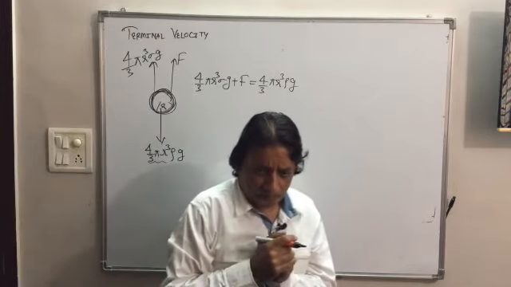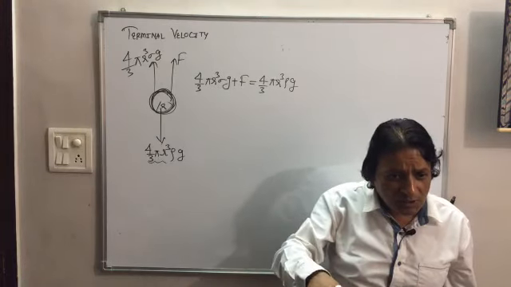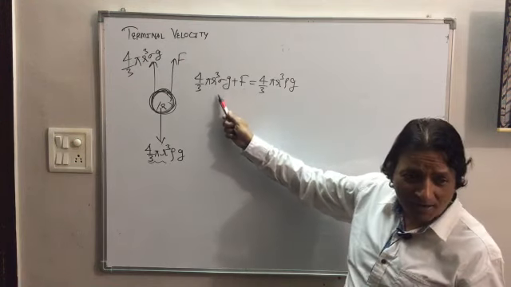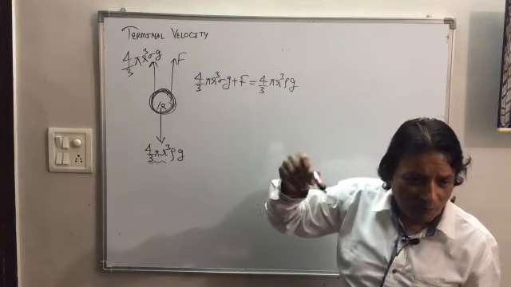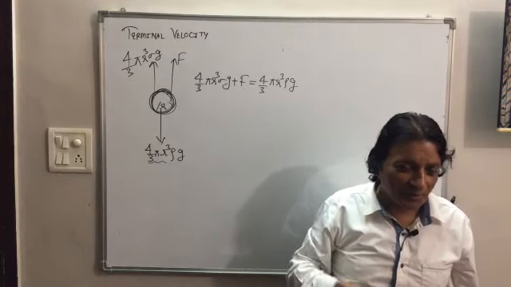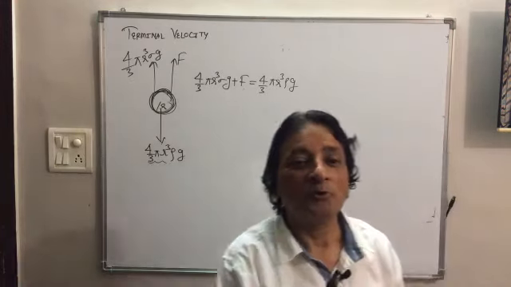Now tell me, if the weight 4/3 πr³ρg is balanced by viscous drag and upthrust, the ball will stop or it will move? You will say the ball will stop. It will not stop. It will move freely with a velocity which is called terminal velocity.